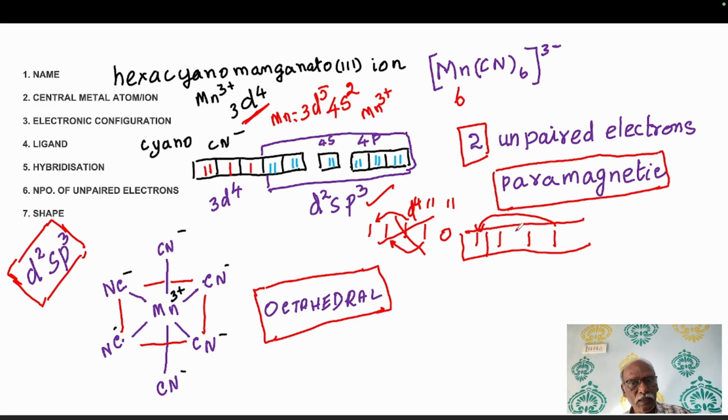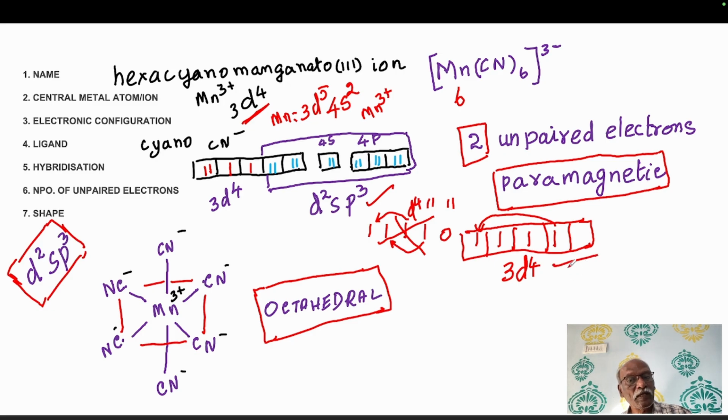This is first shell, first orbital, second orbital. See, 1, 2, 3, 4. This is actually 3d4. Okay. Now the CN minus wants to do some manipulation inside the 3d orbital, and it wants to have only 2 d orbitals vacant.